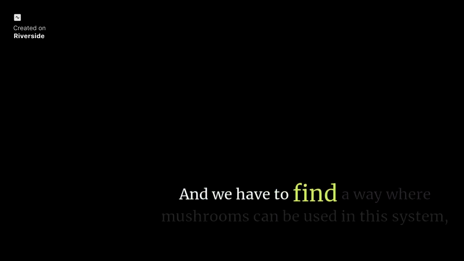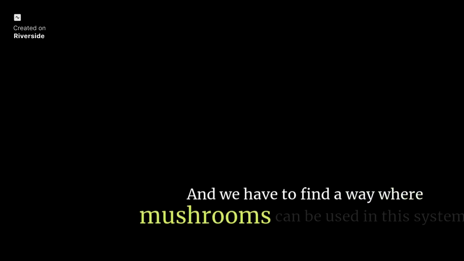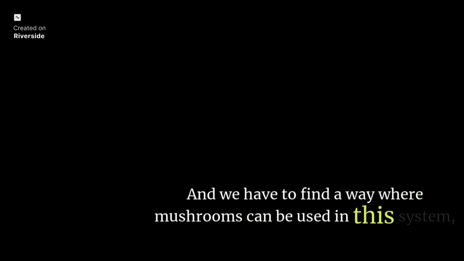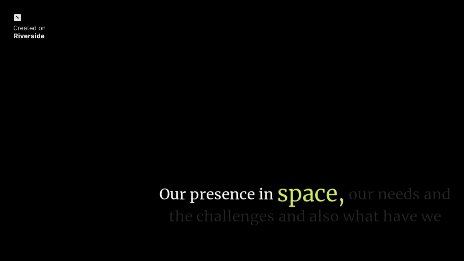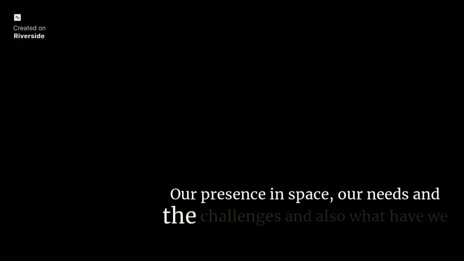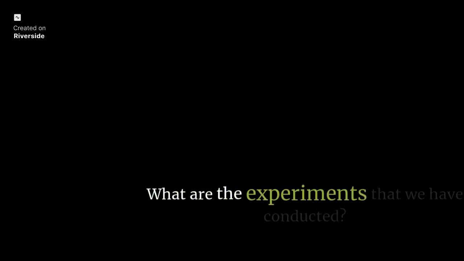And we have to find a way where mushrooms can be used in this closed loop system, so that it fits in with the full picture. Our presence in space, our needs and the challenges, and also what have we done so far. So first we have to know what we have achieved. What are the experiments that we have conducted? Where did we fail?